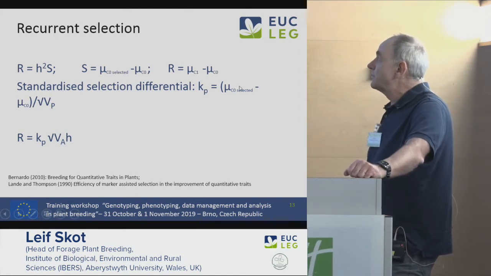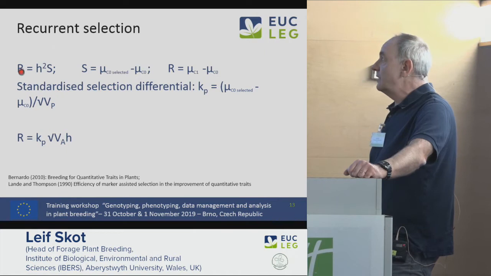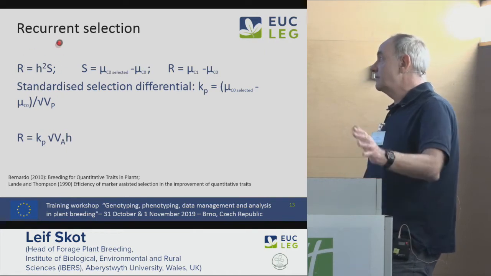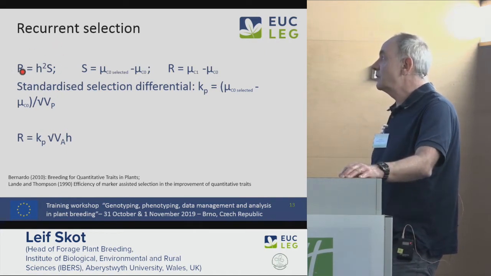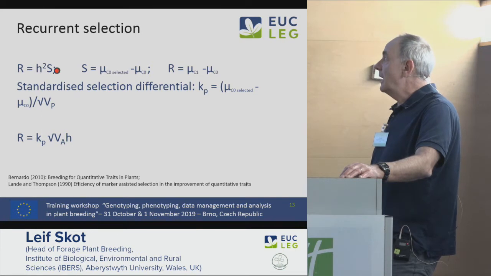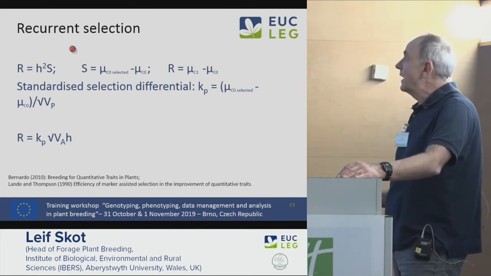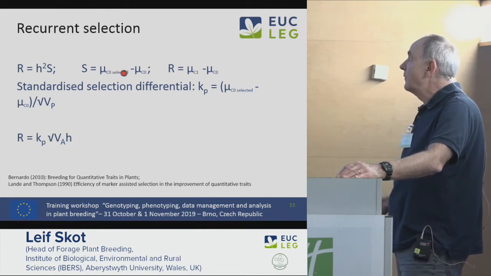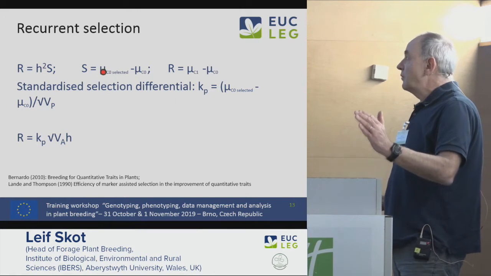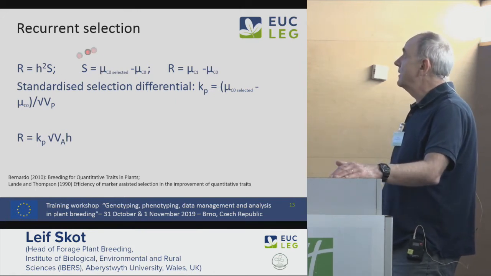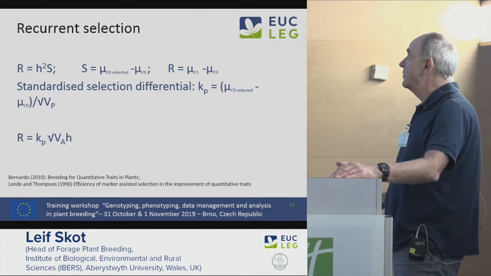So if you go back and revisit the form of the breeder's equation, the response to selection is related to heritability and the selection pressure that you put on, and that is basically the difference between the mean of the proportion you have selected and the mean of the population you started off with.